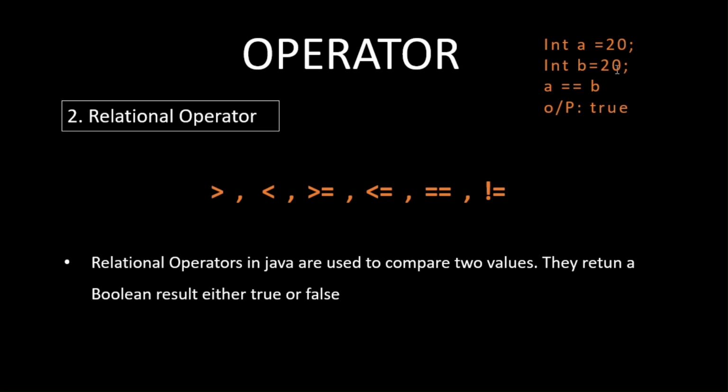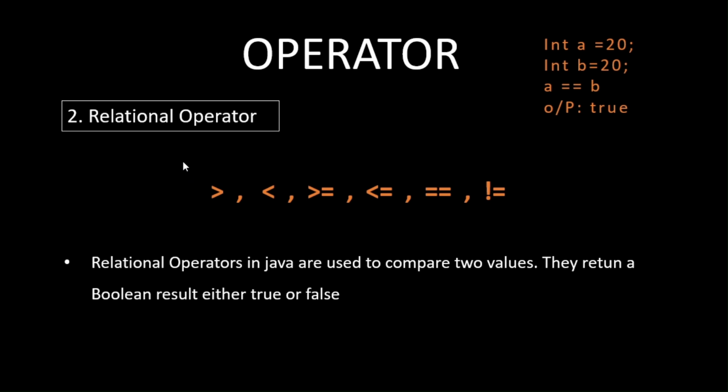So here we have an example: int a equals 20, int b equals 20. What we are doing here is just checking if a is equal to b. Here a has 20 and b has 20, so a equals b, and we will get the output true.